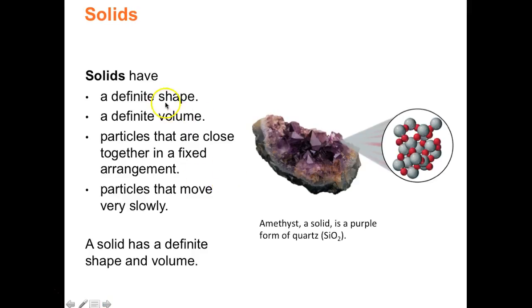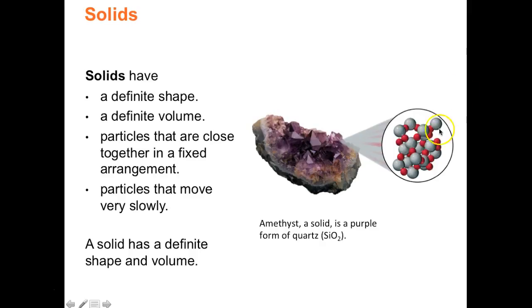So solids have definite shape, they have a definite volume. Okay, and this is because if you look at the solid right here in this picture, you can see how closely the particles are packed together. All right, so solids are pretty dense because the particles that make up the solid are packed very tight.